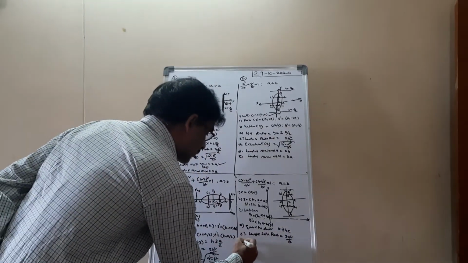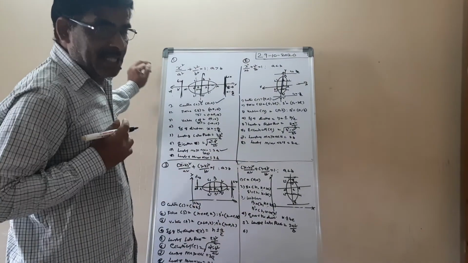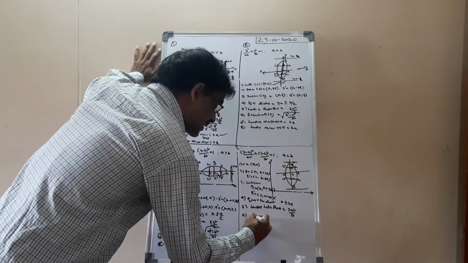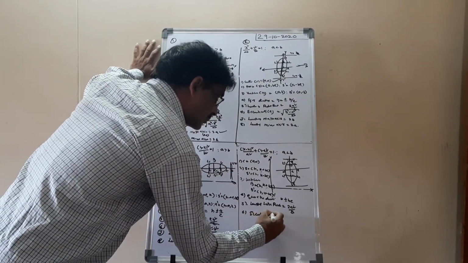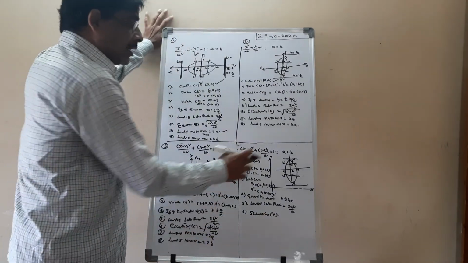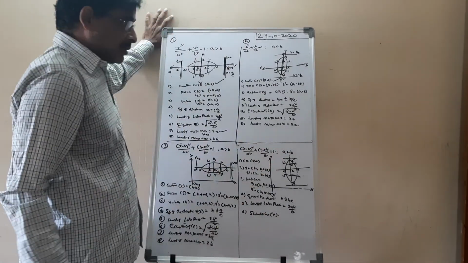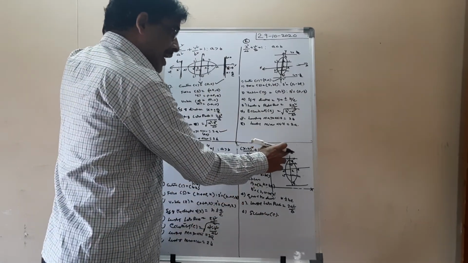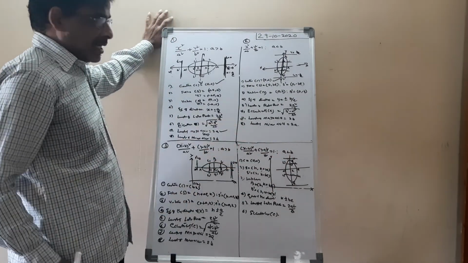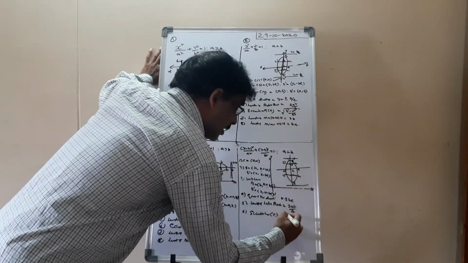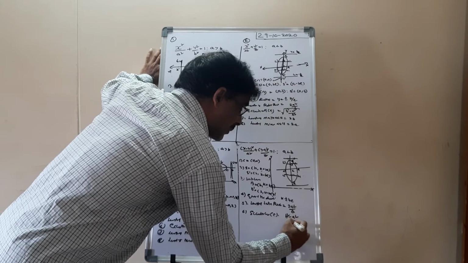And the sixth one, the eccentricity. Here a is less than b, which means b is greater, so the same formula: e equals the square root of b square minus a square by b square.